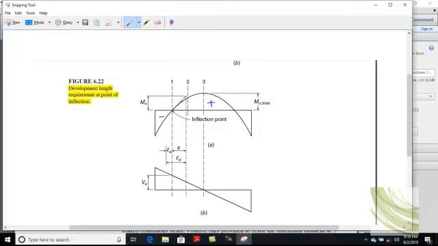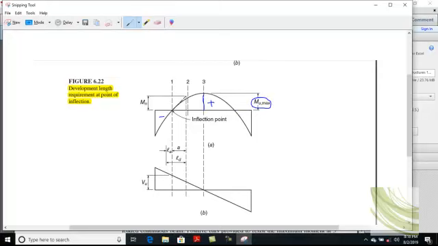At point 3 you see that there is the maximum moment. Point 1 is a point of inflection, and point 2 is basically a theoretical cutoff point. This is the maximum moment, the ultimate maximum moment. Clear?